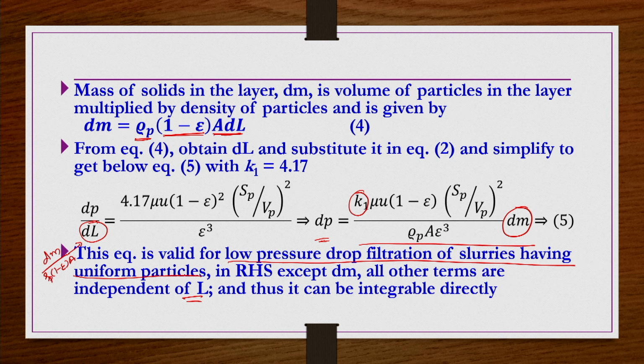When you integrate it, you get the required equation between pressure drop and the properties of particles, the void fraction of the cake, the surface to volume ratio of particles, etc. In those terms we get an equation for pressure drop.